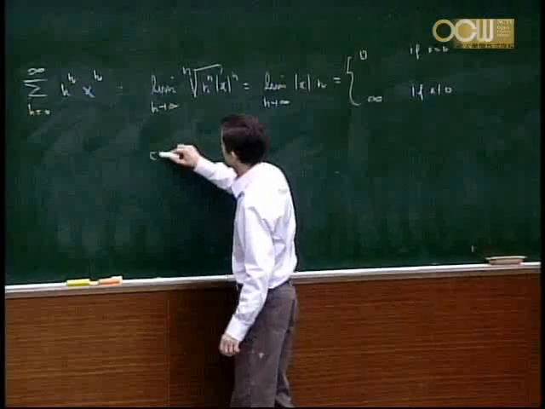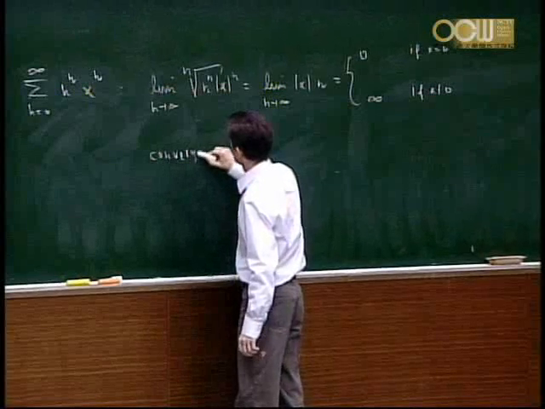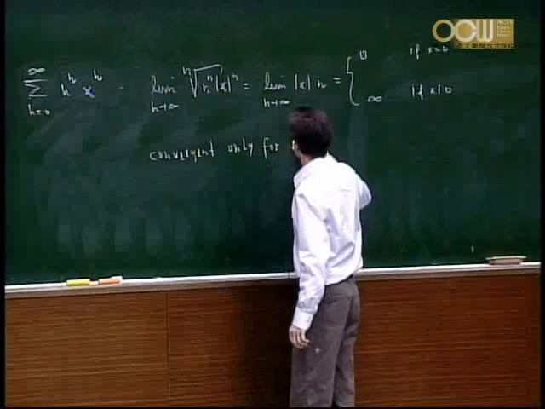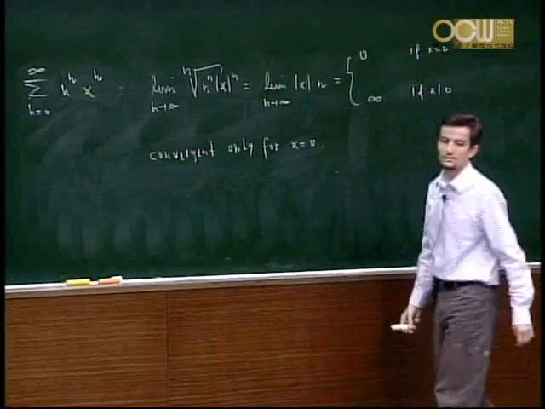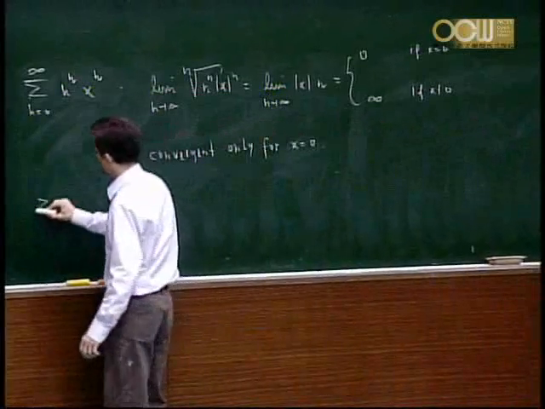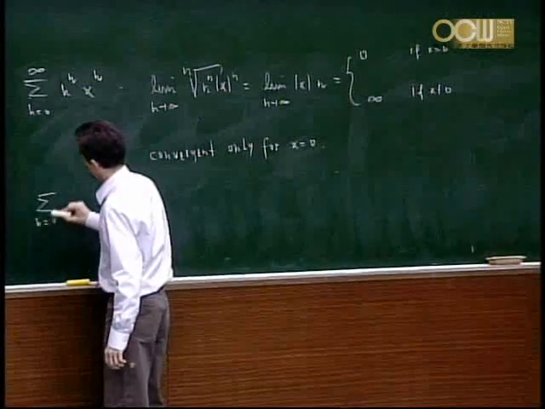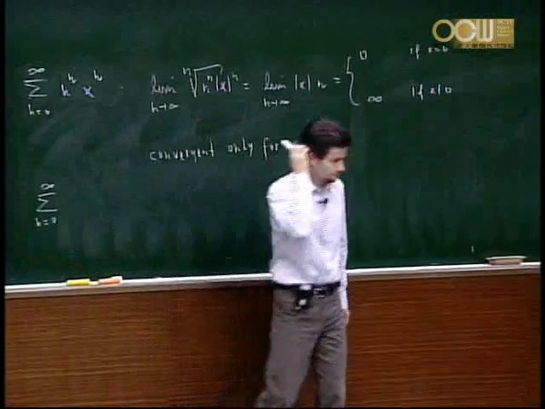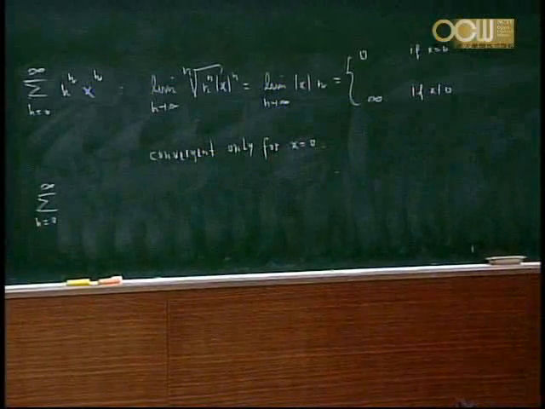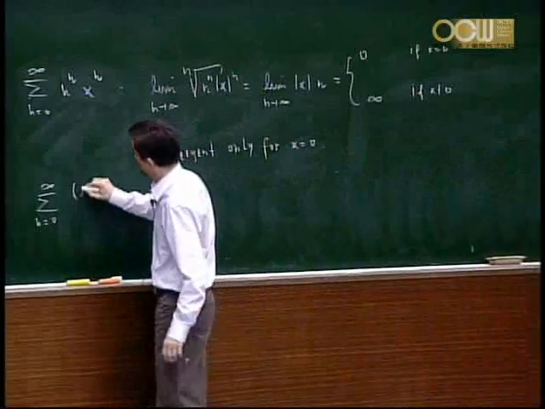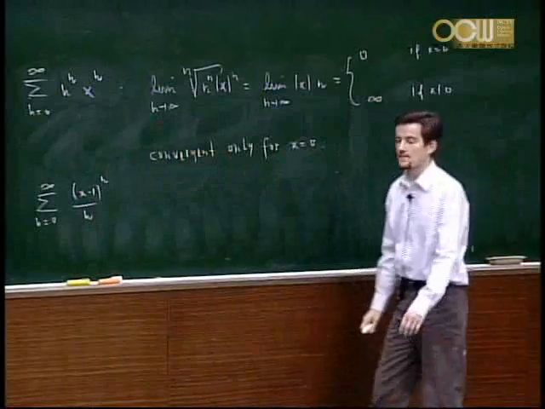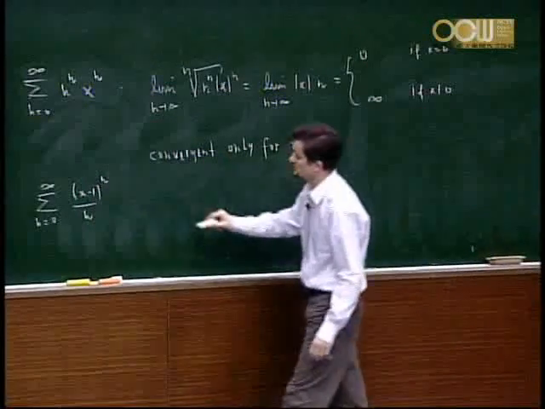So convergent only for x is equal to 0. Now, another example would be this one. Here we use the ratio test.